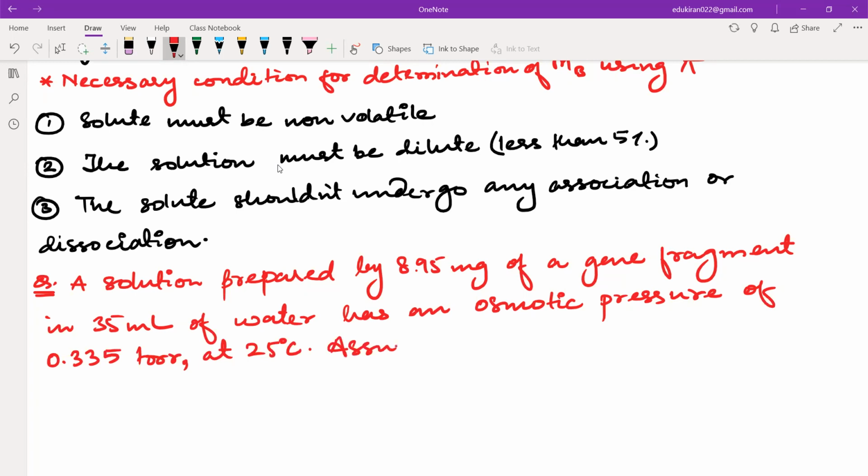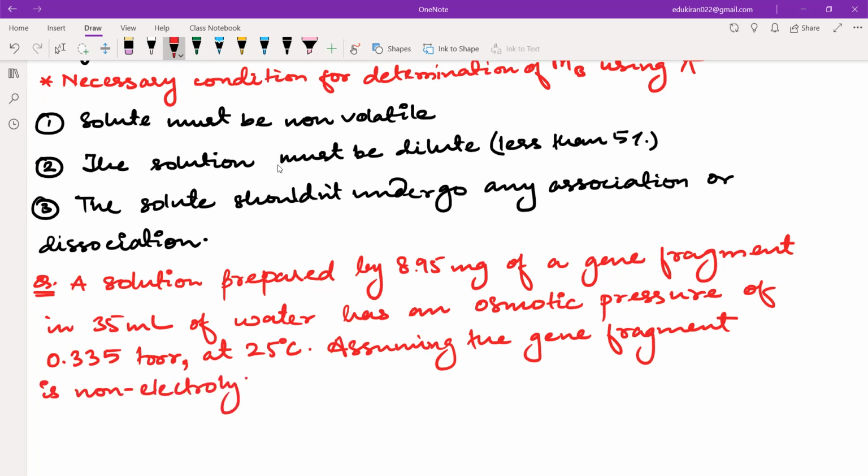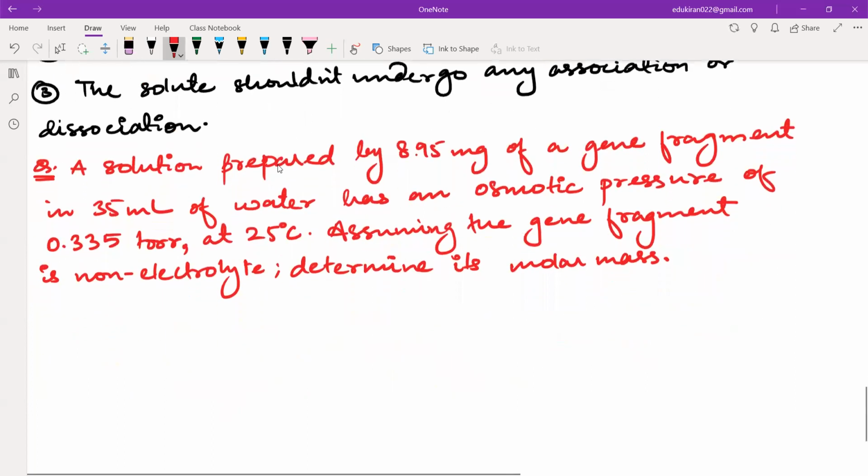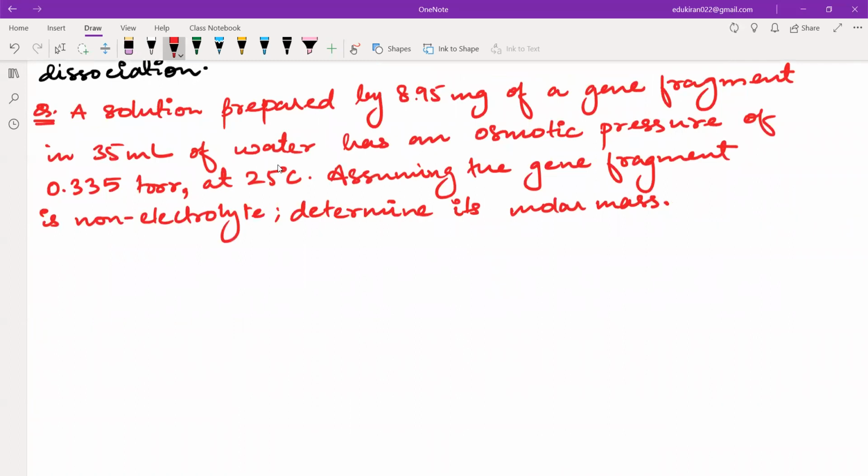Assuming the gene fragment is non-electrolyte, determine its molar mass.